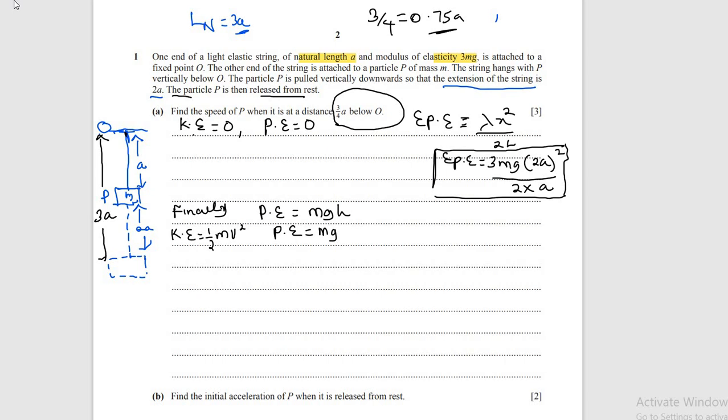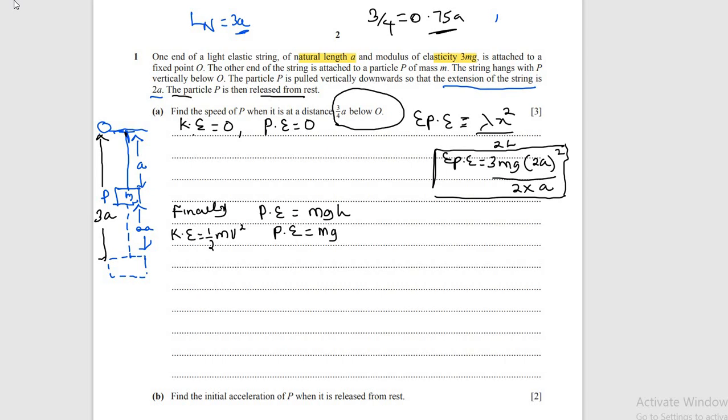We start experiencing elastic potential energy when this particle was pulled down with an extension of 2A. So potential energy is only possible when it's stretched down below A, more than A.